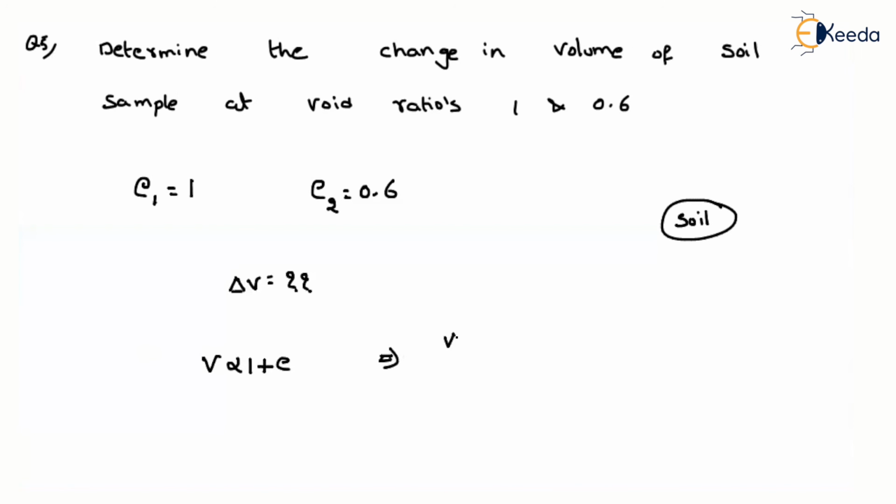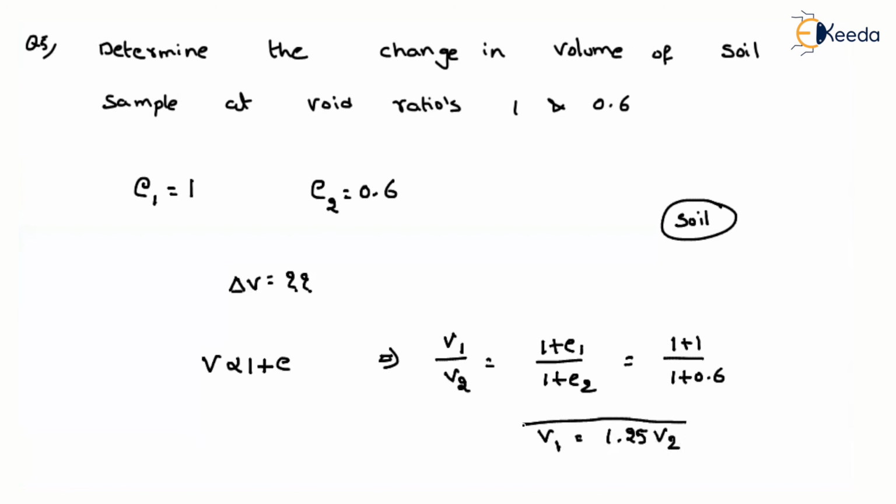That implies if I remove the proportionality, I can say V1 by V2 is equal to (1 plus e1) by (1 plus e2). So what will be the ratio? 1 plus 1 divided by 1 plus 0.6. So from this we can say V1 is equal to 1.25 times V2 if you solve this.